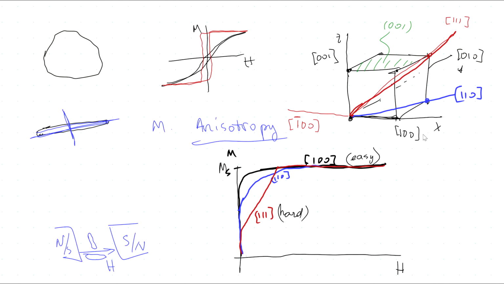It's 1, 0, 0, and also, because of the symmetry, that would be the same for the 0, 1, 0 direction and for this 0, 0, 1 direction. And these two atoms are placed further away from each other. There's actually one in the middle as well. They're furthest from each other, and that would form a hard axis.